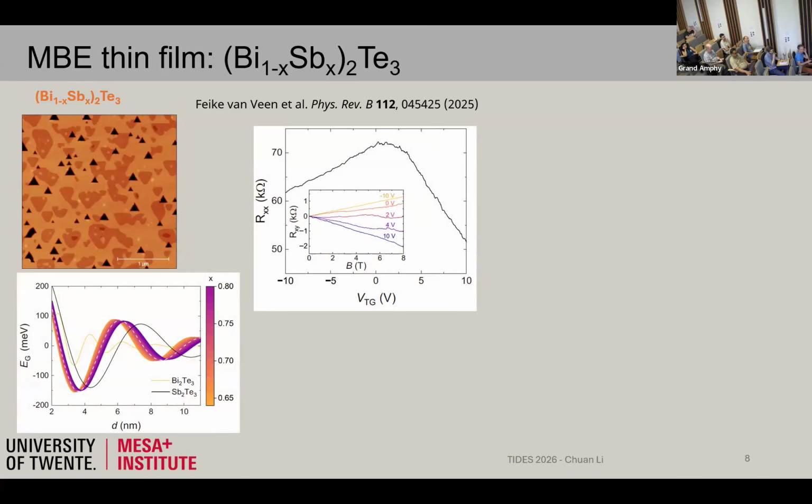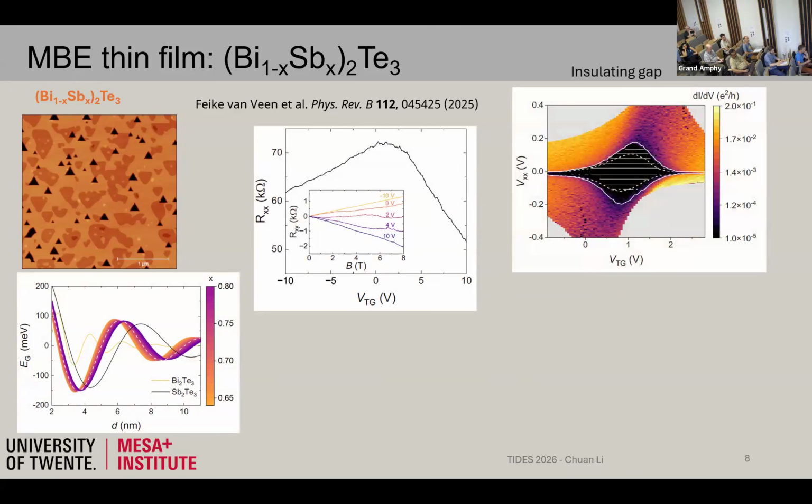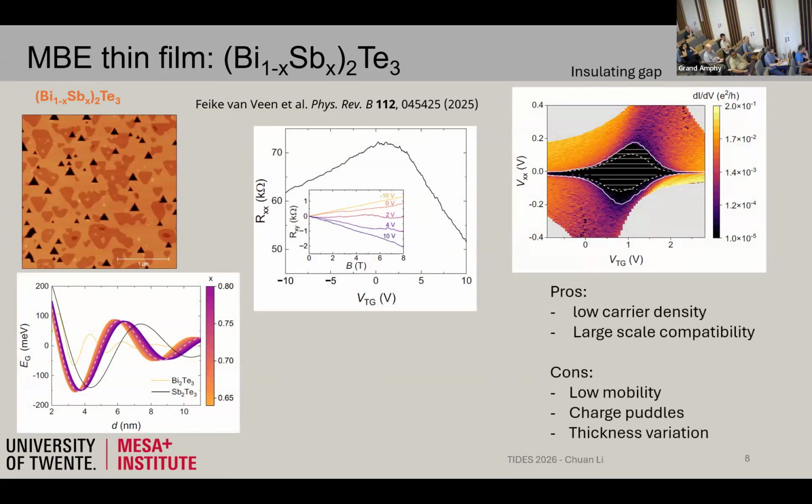You have MBE, a growth method layer by layer, and here we use BST, ternary compounds, to again reproduce this topological transition with thickness. I think we made good progress, but we have not seen any topological state inside the big bulk gap. There are pros and cons related to this simple approach.